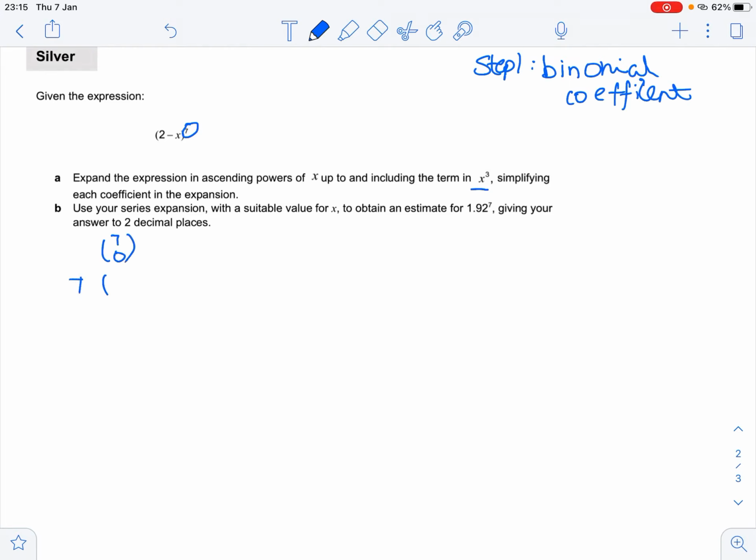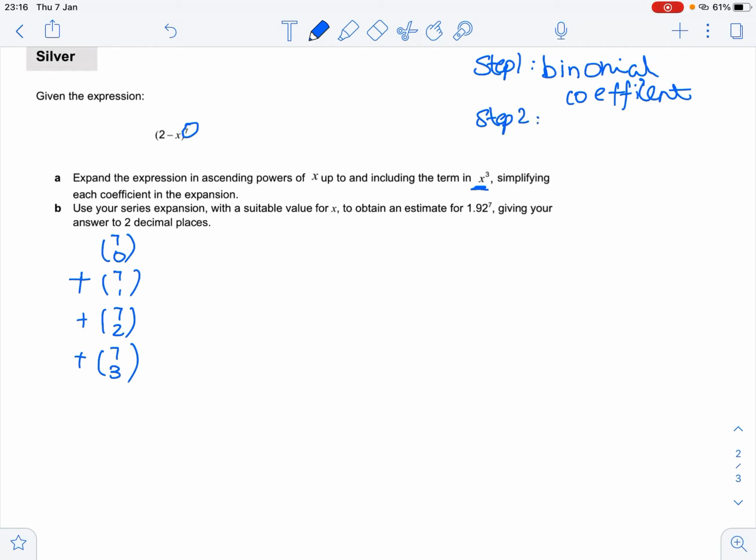So we start with 7C0 plus 7C1. Since it's only up to x cubed, we can stop at 7C2 plus 7C3. So we can stop here, since we only need the x cubed term.